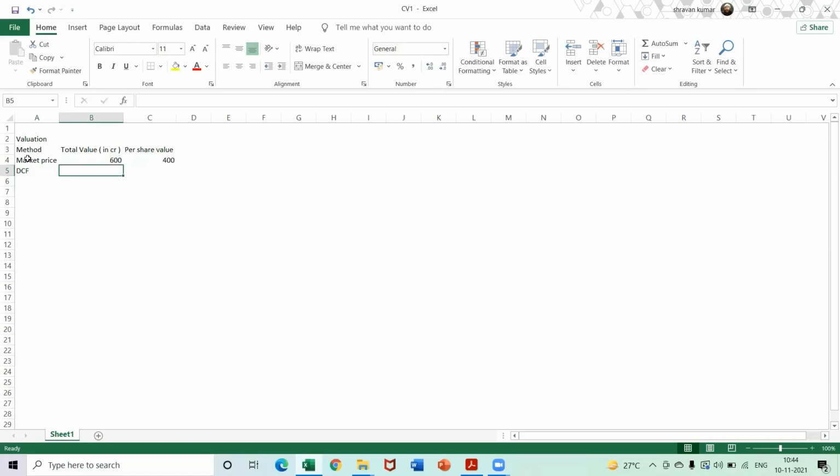So value based on DCF method, we have to create a working note. Okay, working, right? So here cash flow, then PV factor, 12%, and then DCF.